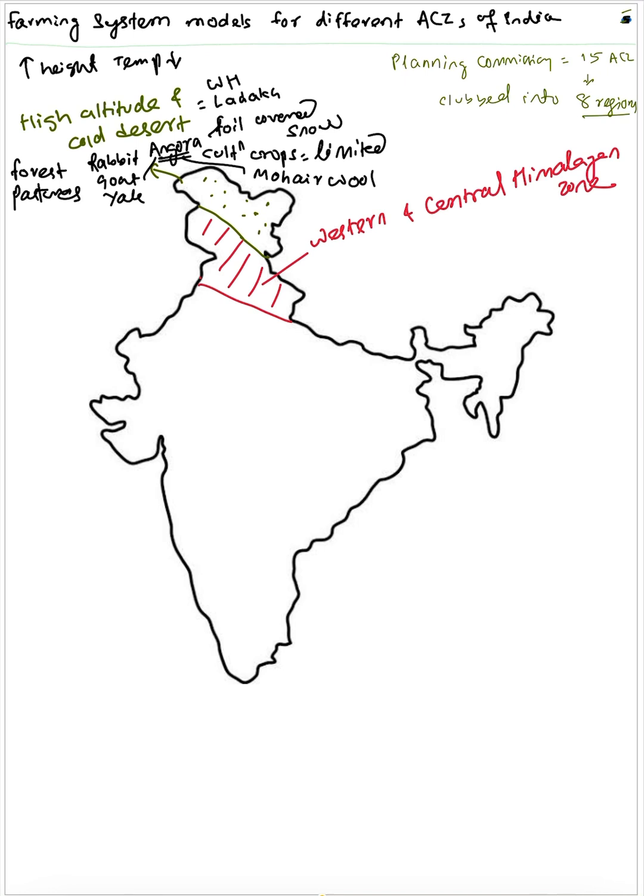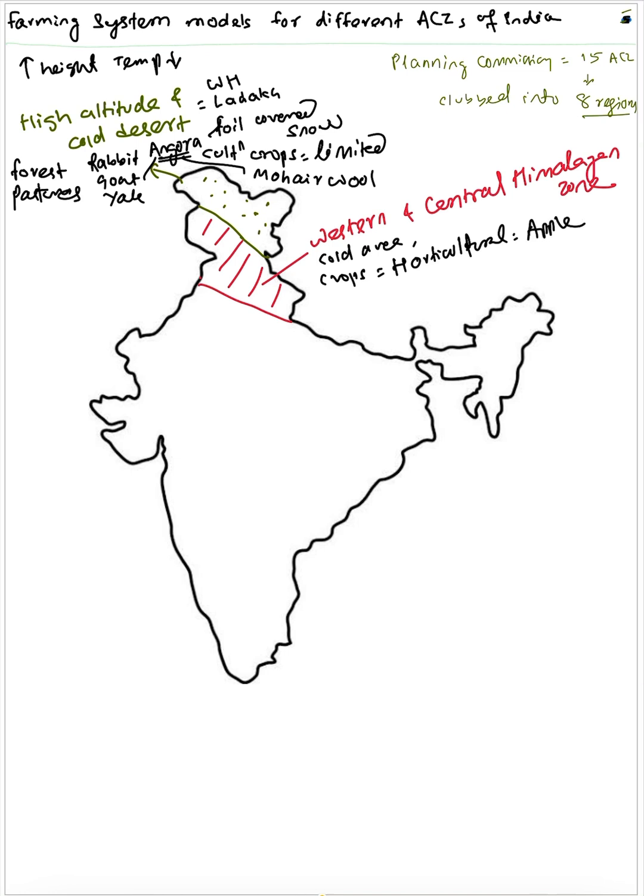In this zone, as you know, this is also somewhat of a cold area, but the snowfall is less as compared to the Ladakh area. Hence we can go for crops which can be grown in cold regions, but basically horticultural crops, like apple.